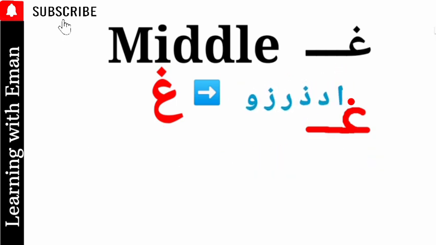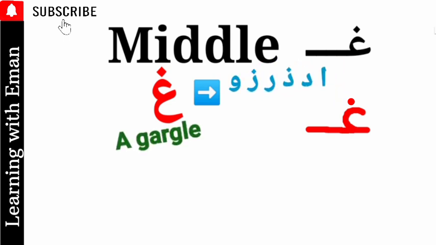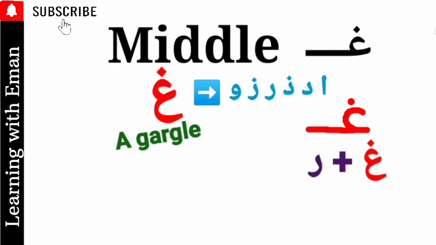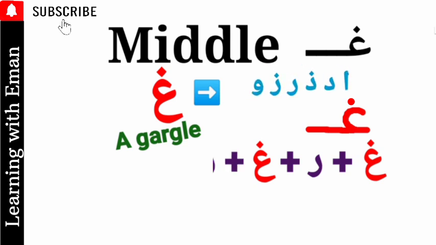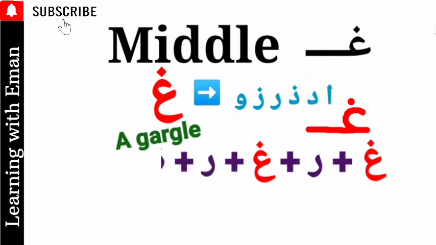And next, غرغرة means a gargle. غ. غر. ر. هي. غرغرة.